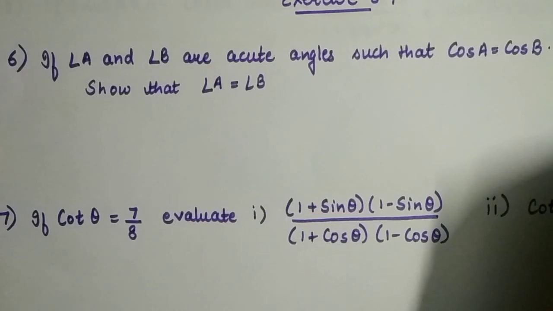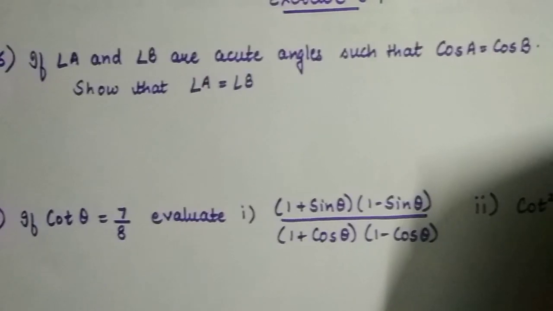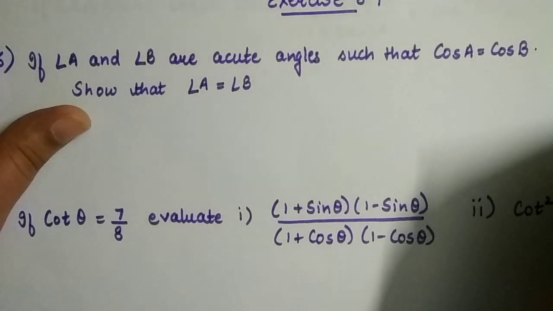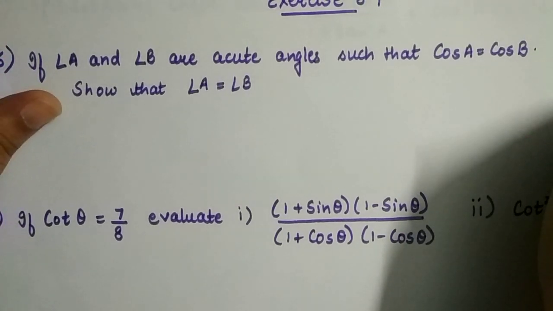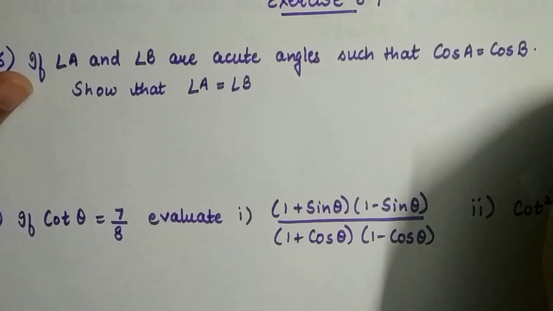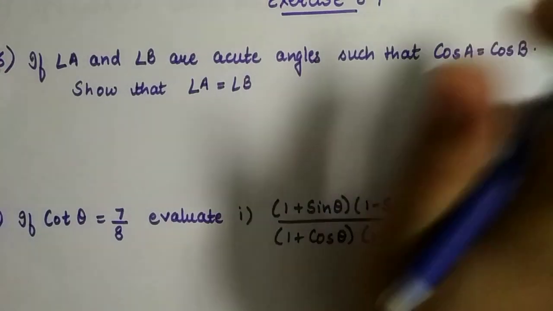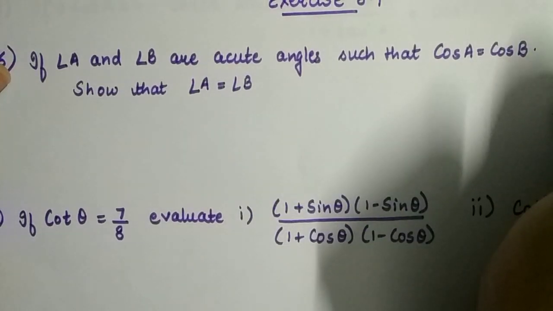Now see this question. It is given that if angle A and angle B are acute angles such that cos A is equal to cos B, then we have to show that angle A is equal to angle B. First of all, we know that trigonometric ratios are always applied in right angled triangles.